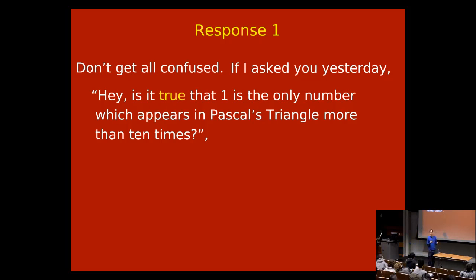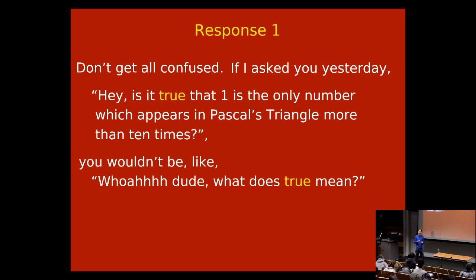You would not be like, whoa, man, what is true? You would just say, I don't know. I mean, it could be true. It could be false. I'll see if I can prove it. I don't think you would doubt whether or not there was an answer. You would probably accept that it's either true or false, without worrying about it. And that's what you should continue to do.